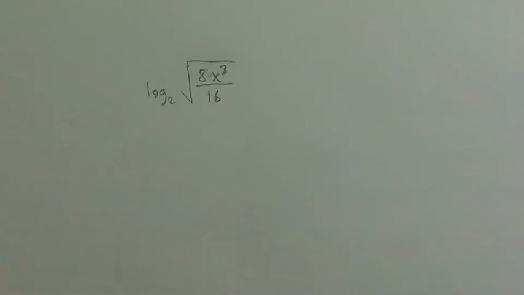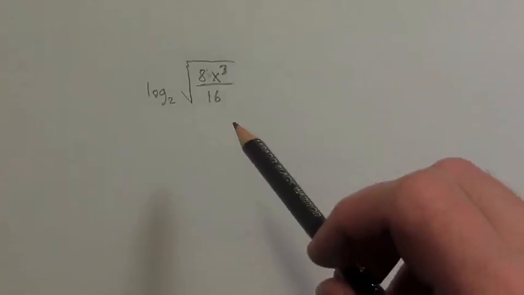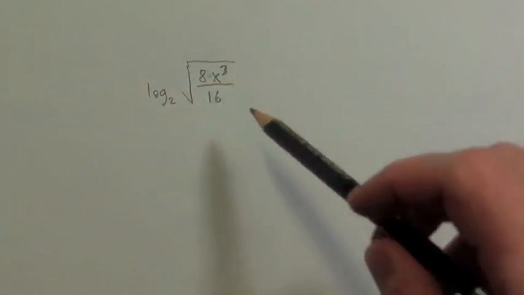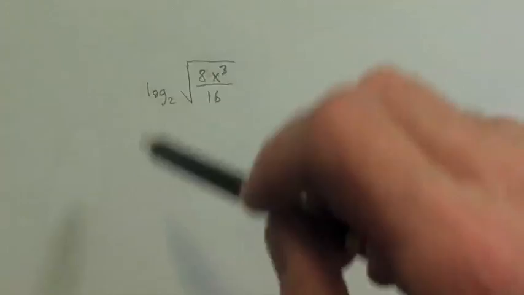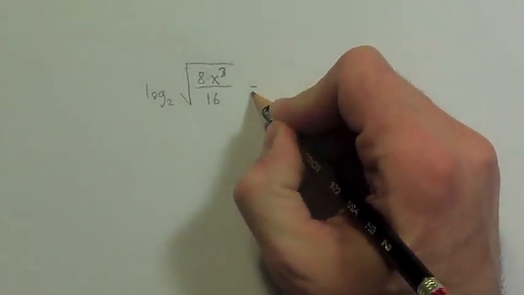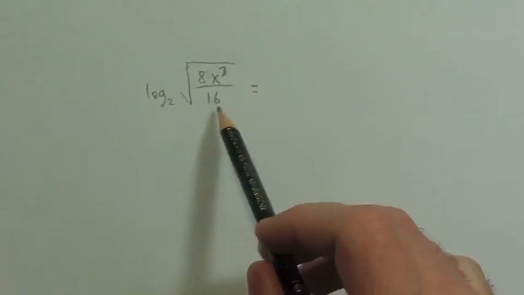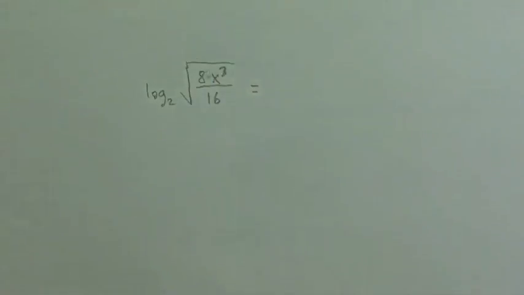Okay, let's do one more expanding problem, and then we'll look at compressing problems, which kind of go in the opposite direction, but they utilize the same stuff. Okay, so here, whenever you see the entire thing in a square root, like we have here, we actually could apply it to part of it. So let me do that.